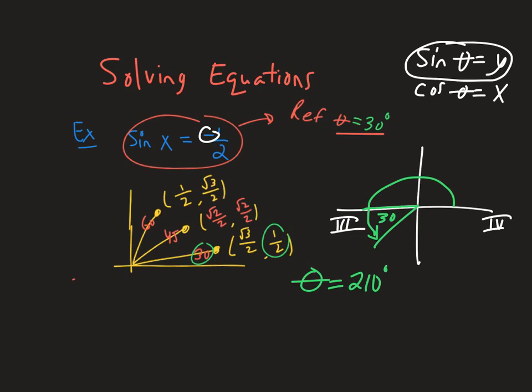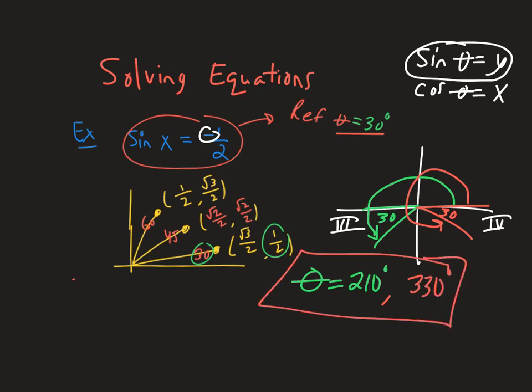But also, a reference angle in quadrant 4 of 30 degrees would be like that. That angle is 30 degrees short of 360. So the other possible answer is 330 degrees. The sine of both of those angles would equal -half.